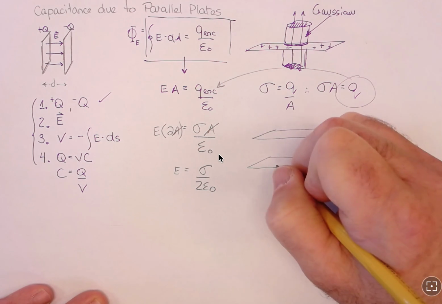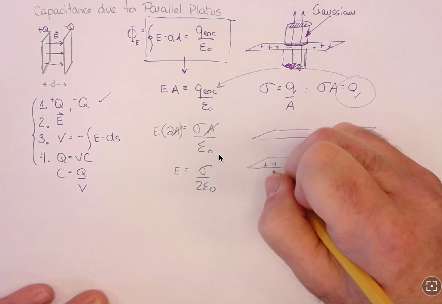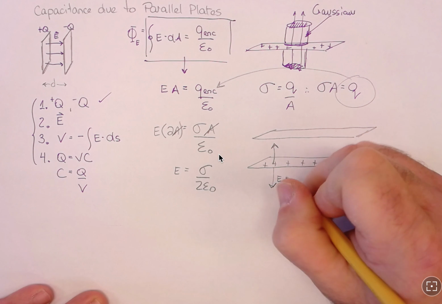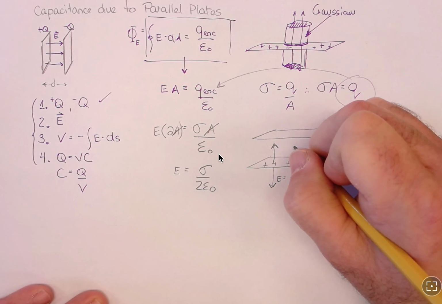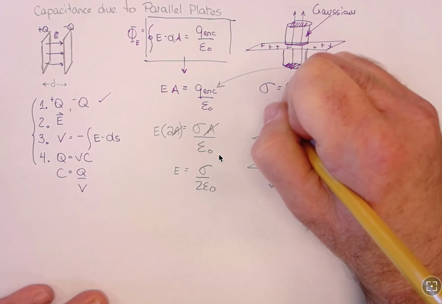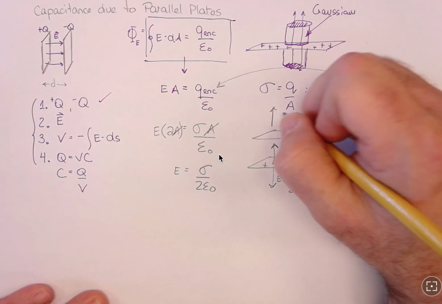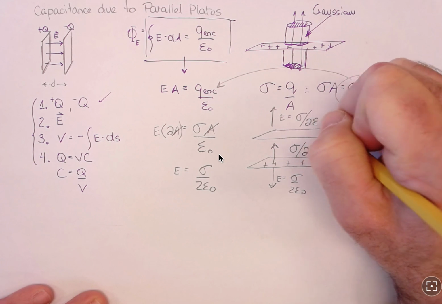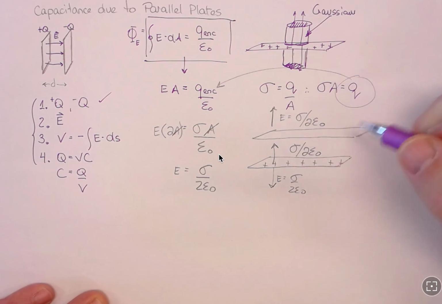The electric field due to the lower positive plate is going to radiate away from the positive plate with a strength of sigma over 2 epsilon naught, both above and below the plate. And it's uniform. Doesn't matter how far away I get from the plate, the strength of the electric field is the same, sigma over 2 epsilon naught. That's because the plate is sufficiently large, and sometimes we even say infinitely large.